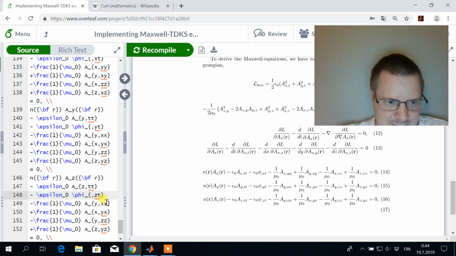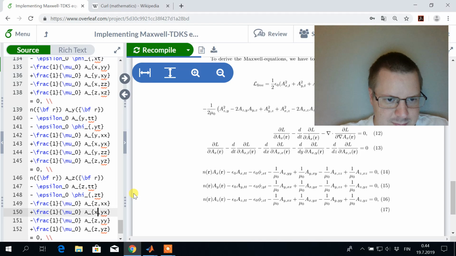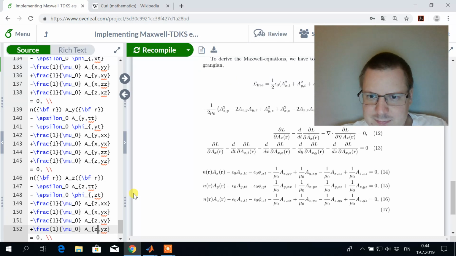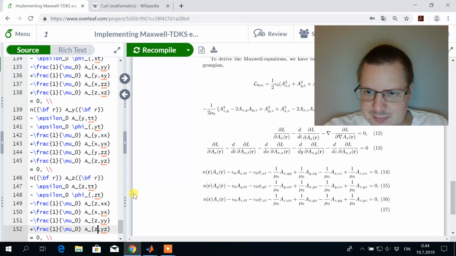So I think this one, the final equation for z, will have xx and yy of the z, and then we will have, so in the x, for the minus terms, we have x, so with y and z here.